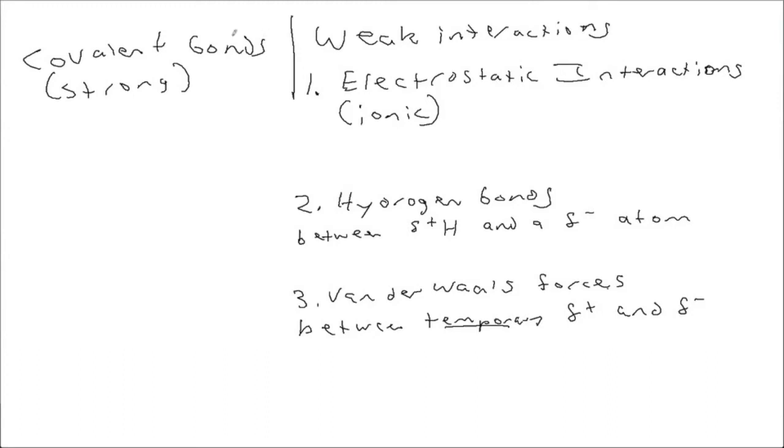Who's stronger, covalent bonds or electrostatic interactions? Covalent bonds. That's why we put this in the weak column. In the body, electrostatic interactions are weaker than covalent bonds. Who do you think is stronger, electrostatic interactions or hydrogen bonds?